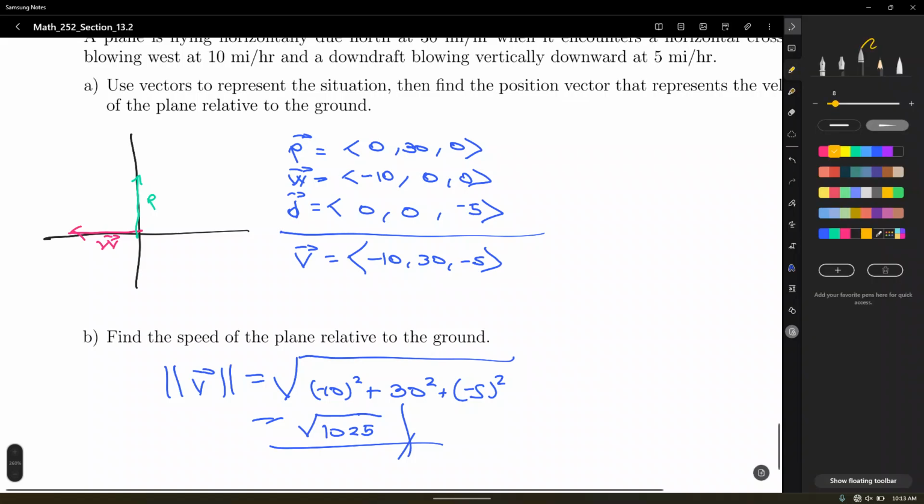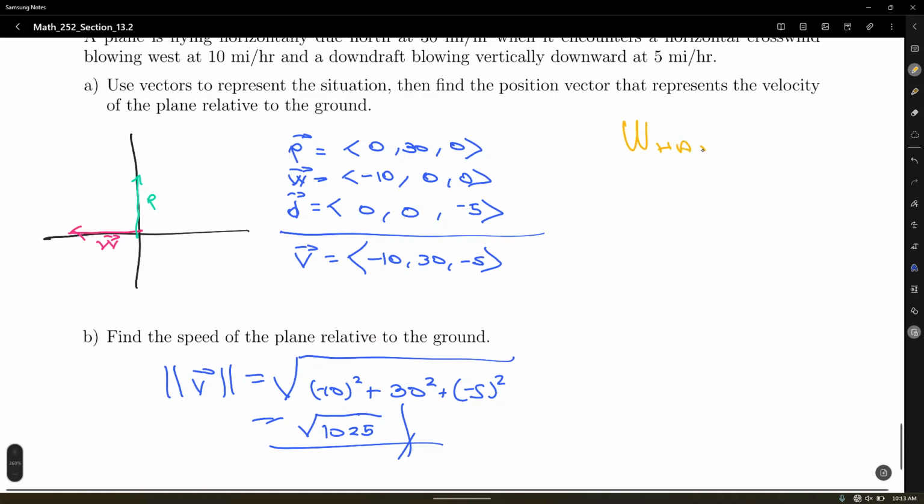What if either the plane or the wind were going to the southwest instead, and not simply to the north or the four cardinal points?